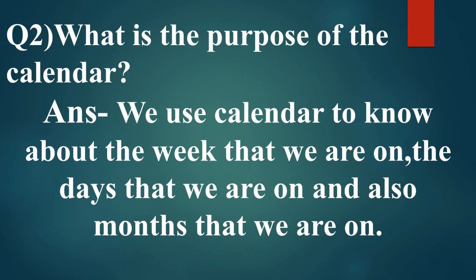Students, we use a calendar to know about the week that we are on, the days and the months. Students, there are 7 days in a week. Days like Monday, Tuesday, Wednesday, Thursday, Friday, Saturday and Sunday.